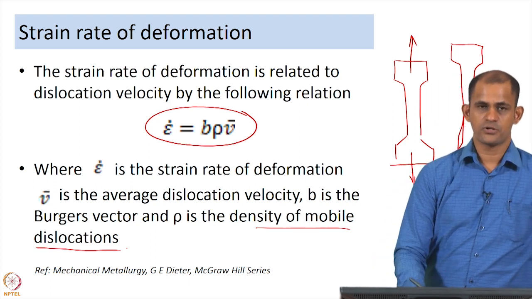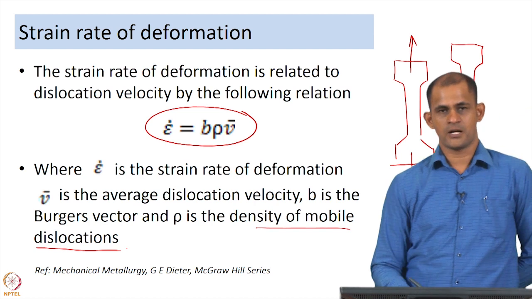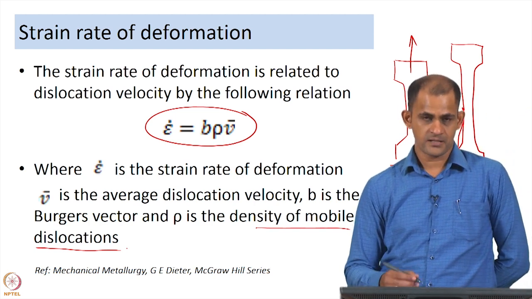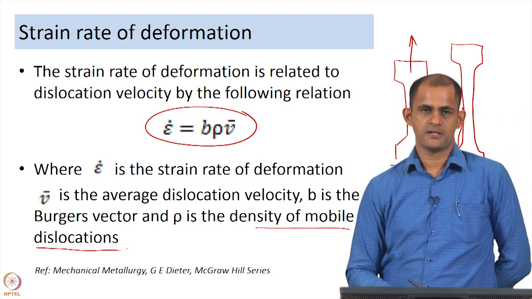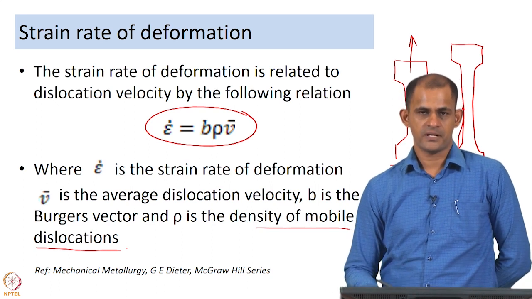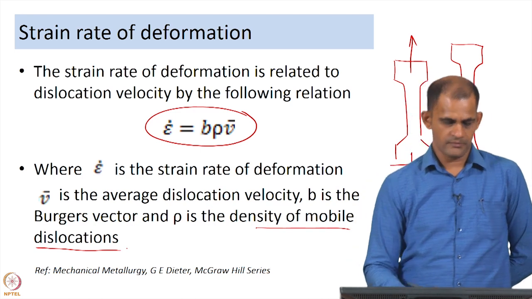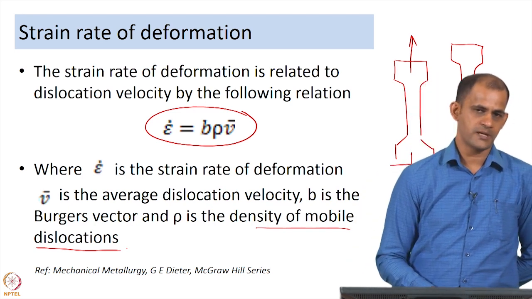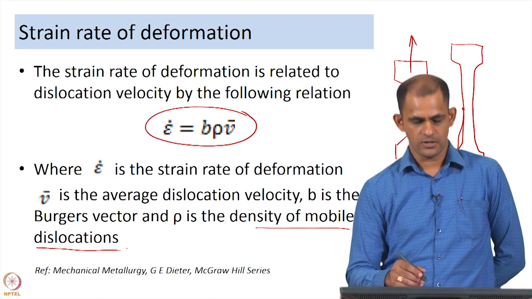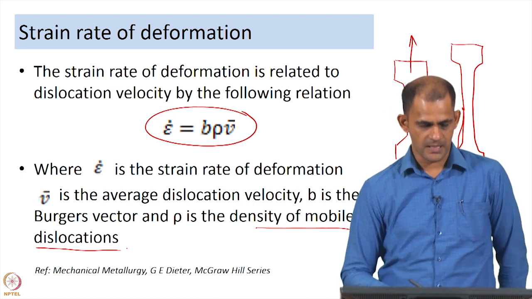Again, the purpose of introducing this slide is to tell you that this relation will be important in understanding the creep rate of deformation. When we especially talk about power law creep and Weertman's model, this relation will be helpful there.